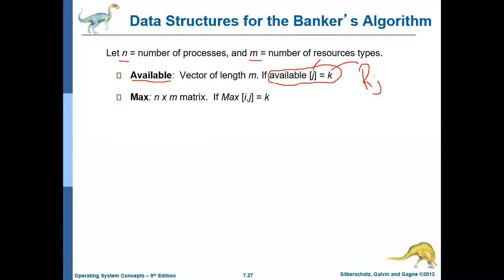The next data structure is a matrix, max. The name of the matrix is max. It is an n cross m matrix. We know that n is the number of processes and m is the number of resources. So if the system contains 5 processes and 6 resource types, then this will be a 5 cross 6 matrix.